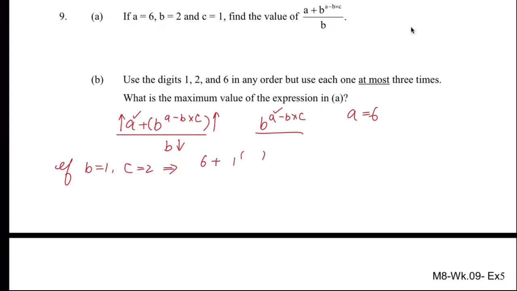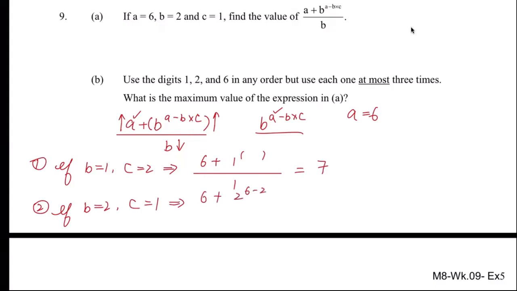I don't need to know that because 1 to the power of anything is 1, divided by 1, that'd be 7. So this is case 1. Case 2, if B is 2 and C is 1, then the expression will be 6 plus 2 to the power of 6 minus 2 times 1, over 1, right?